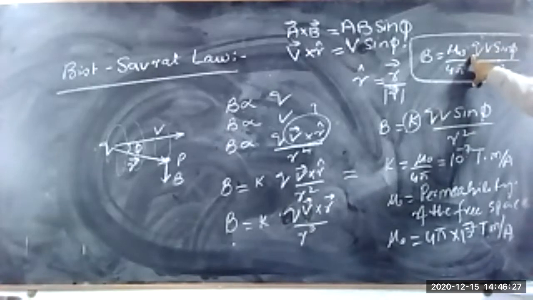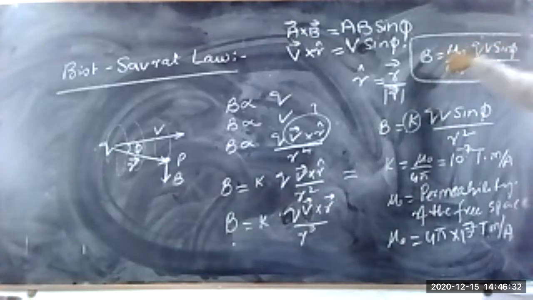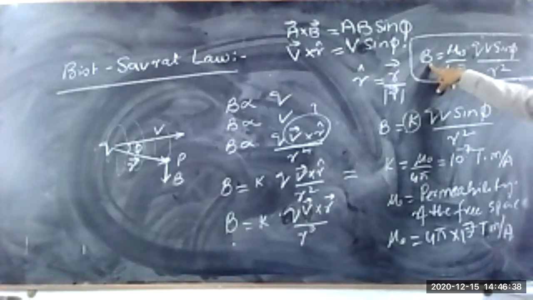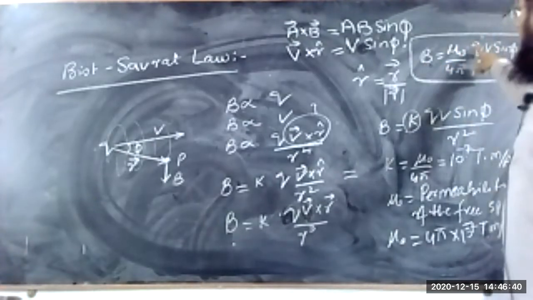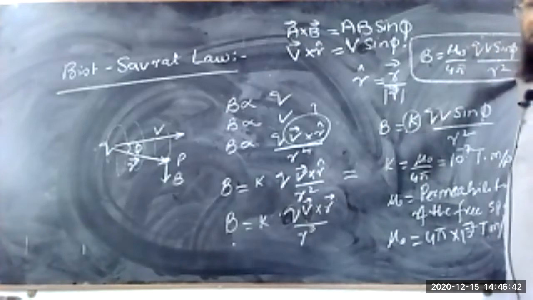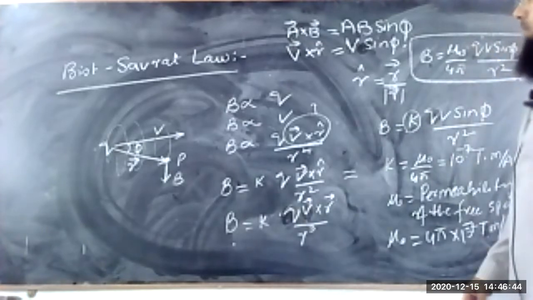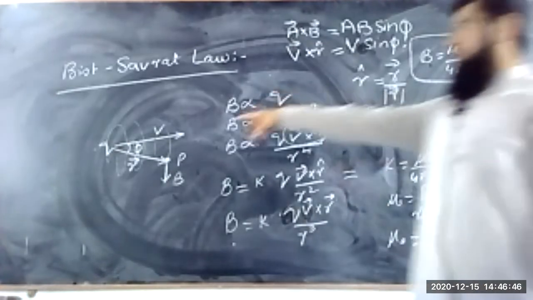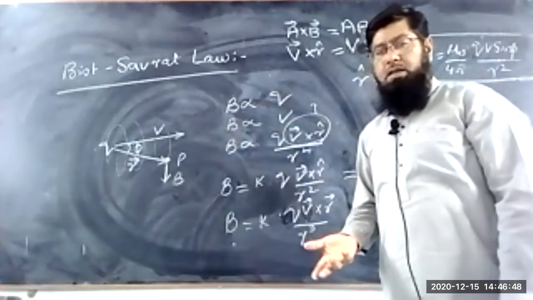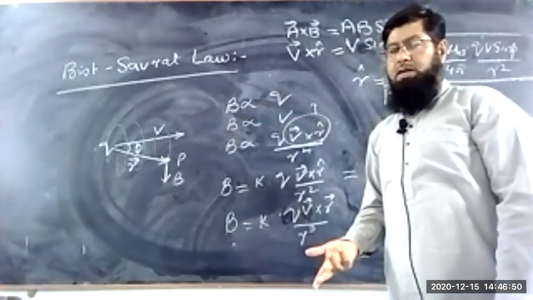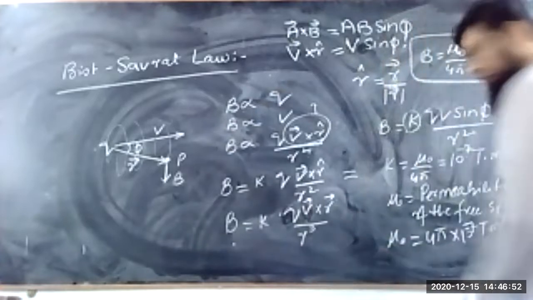The charge q moving with velocity v produces a magnetic field B, whose strength depends upon q, v and so on. Now, instead of a single moving charge, what happens if the current is moving in a wire?